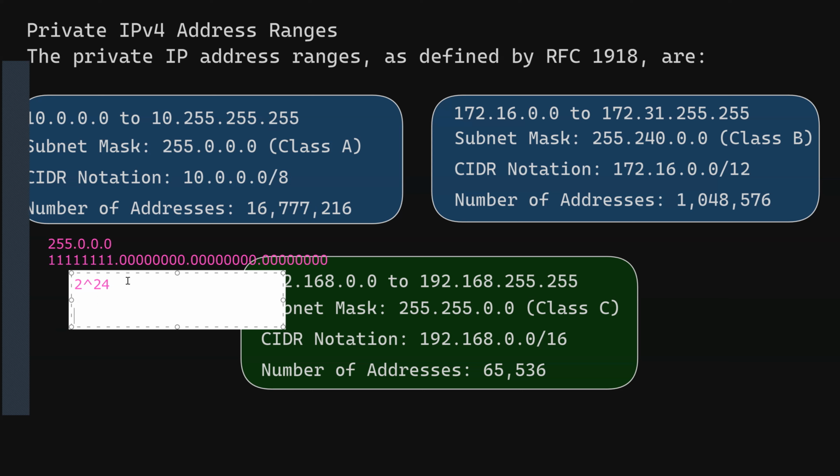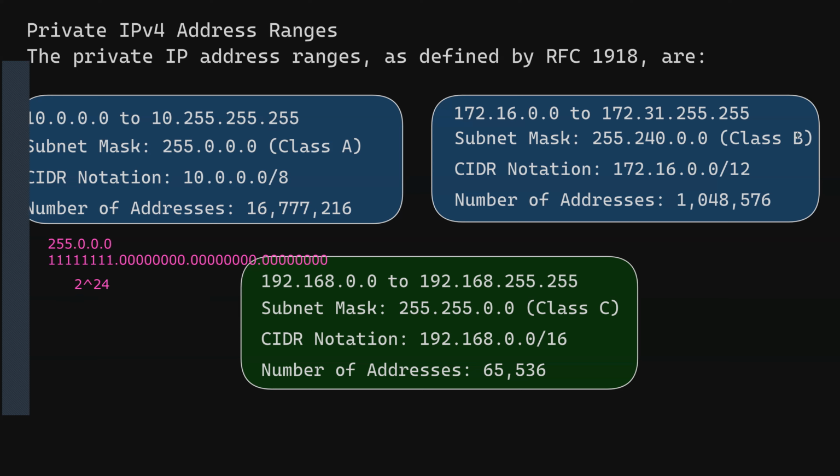Likewise, if you are in class B, the subnet mask is 255.255.0.0, right?